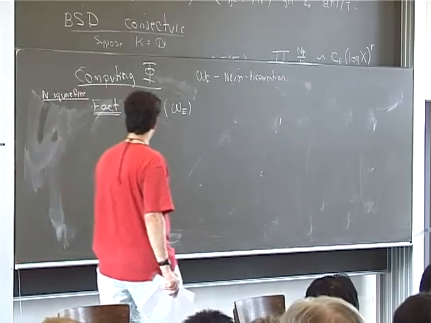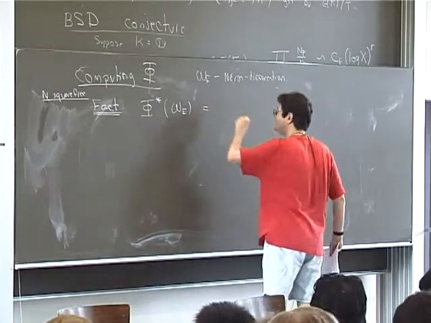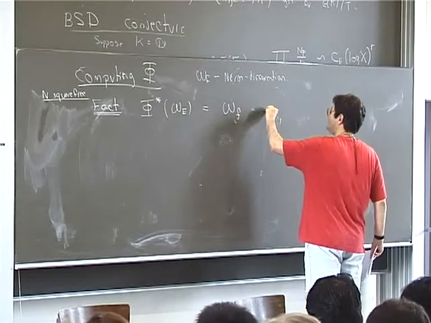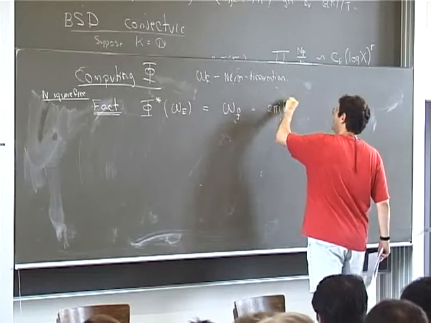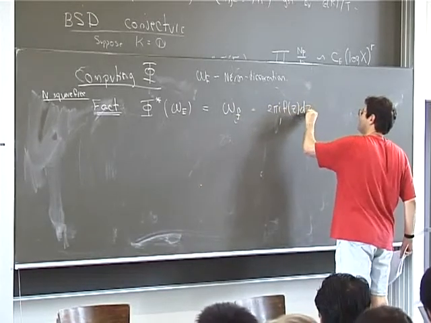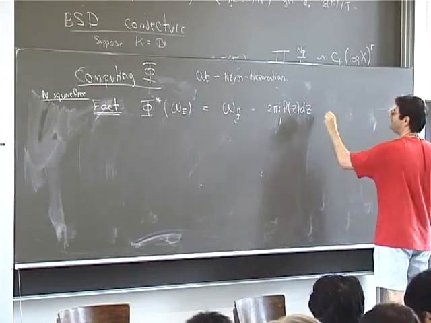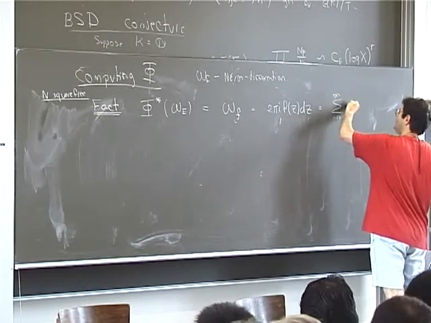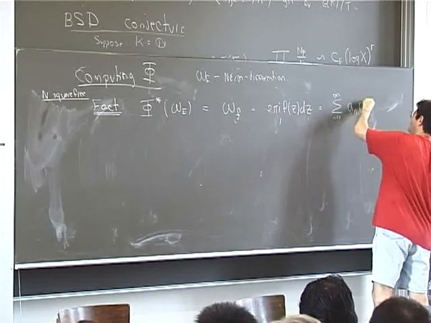Then the pullback of this Néron differential is the differential associated to the modular form f, which is 2 pi i f(z) dz, which I can also write as the sum, n equals 1 to infinity, of a_n q^n dq over q.